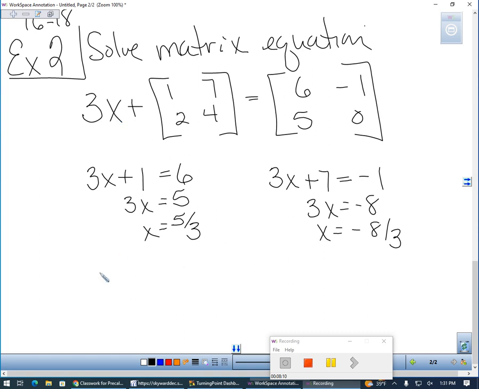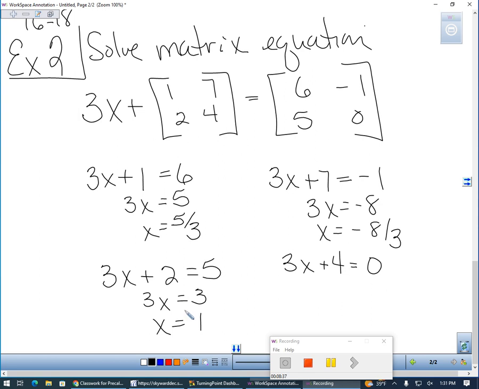Next one I have is 3x plus A21, which is 2, equals 5. Subtract 2 to the other side, we get 3x equals 3, and x equals 1. And the last one, we have 3x plus 4 equals 0. So we have 3x equals -4.